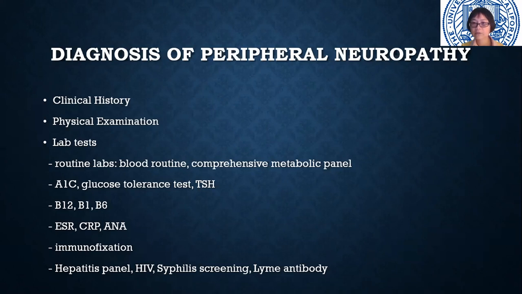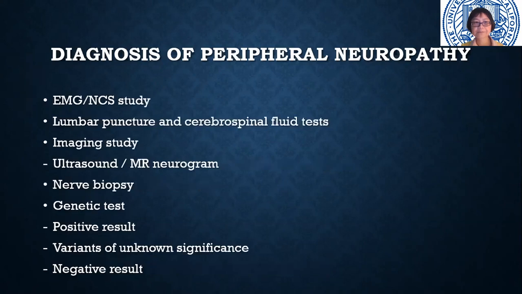We also perform a special blood test to look at the unusual protein band in the blood. As we talked about previously, certain infections may cause neuropathy. So we also order some infectious tests to see if there's any infection that possibly can be treated to help the neuropathy.